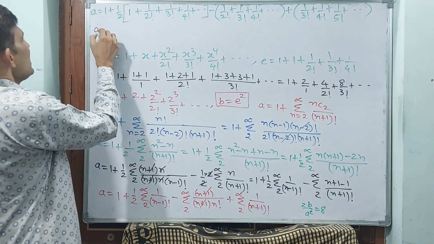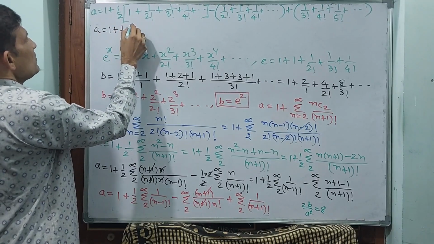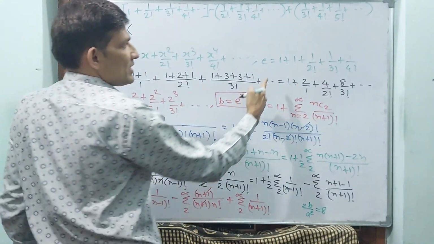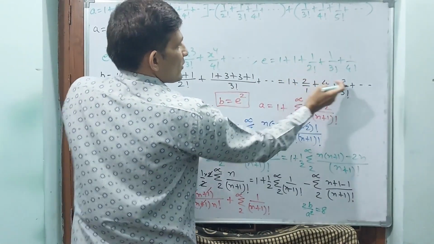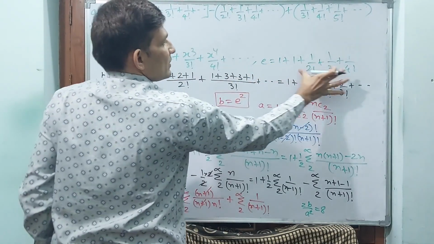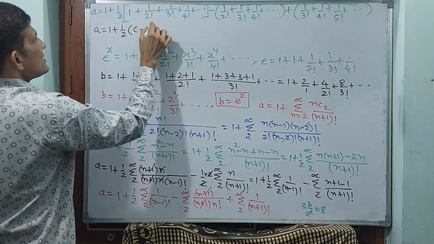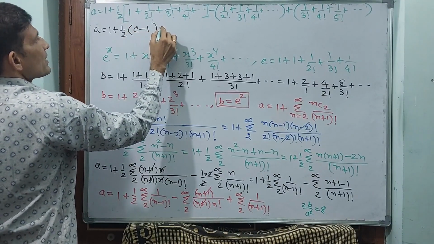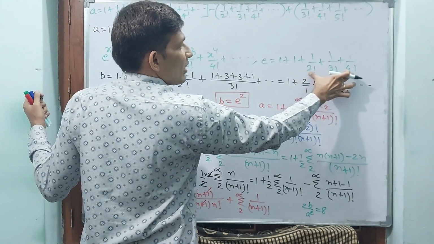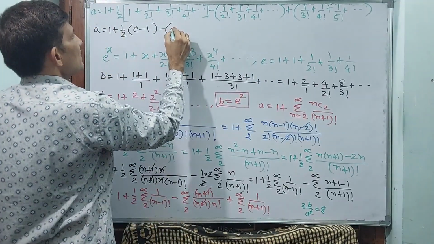Okay, now see, a is equal to 1 plus half into 1 plus 1 by 2 factorial, which means, you see here, from 1 by 2 factorial onwards this is there. That means, shall I write e minus 1? 1 you send this side. This is going to become e minus 1. Okay, minus, see, 1 by 2 factorial onwards is there. That means this is 2, e minus 2, shall I write this? E minus 2.